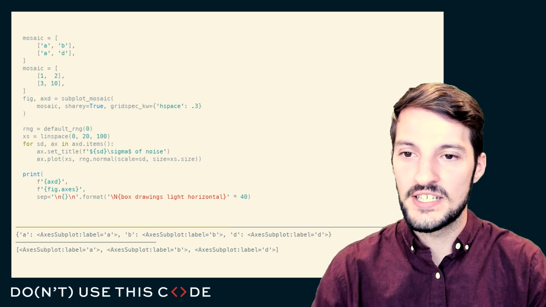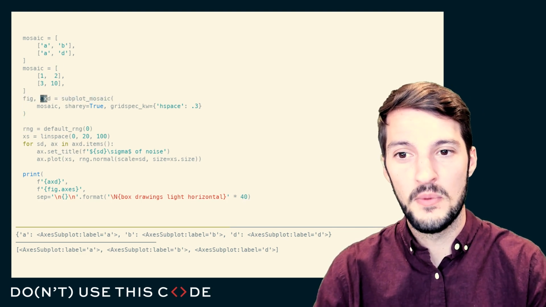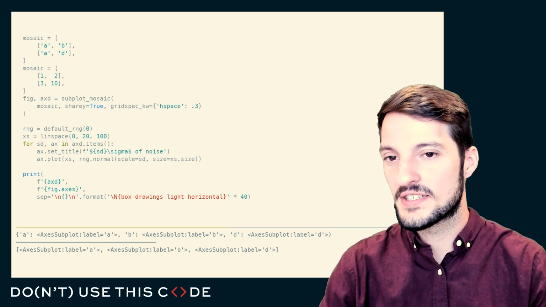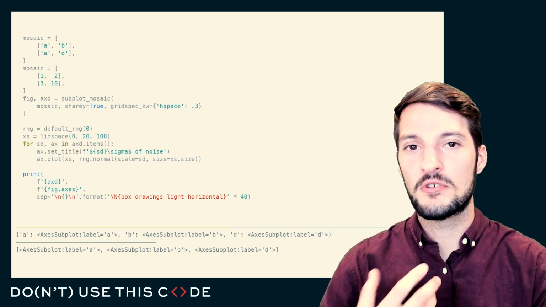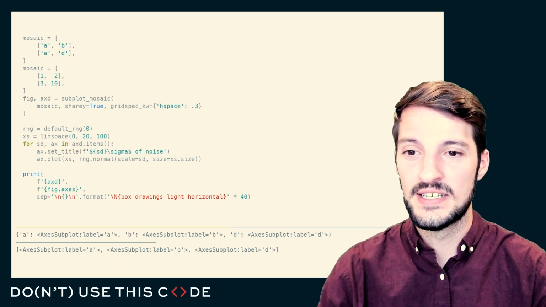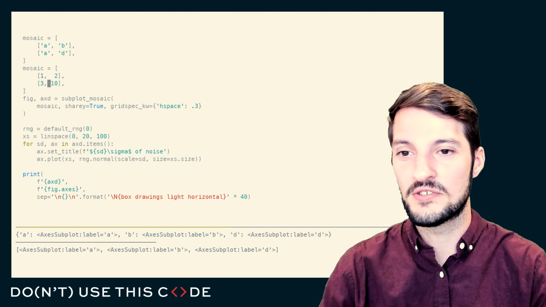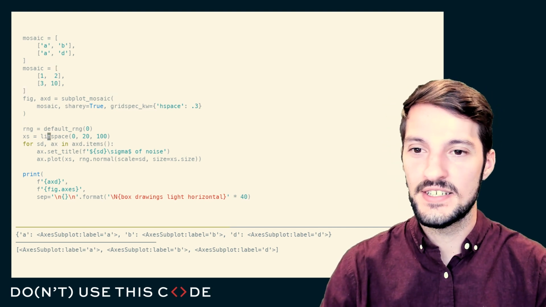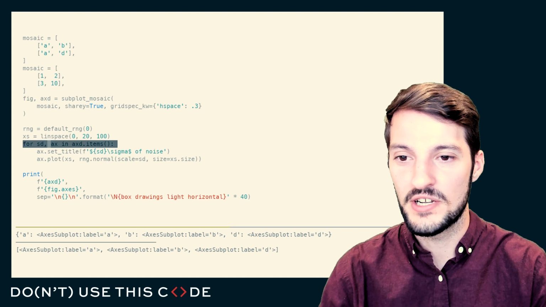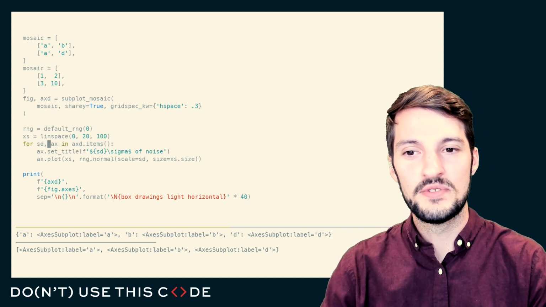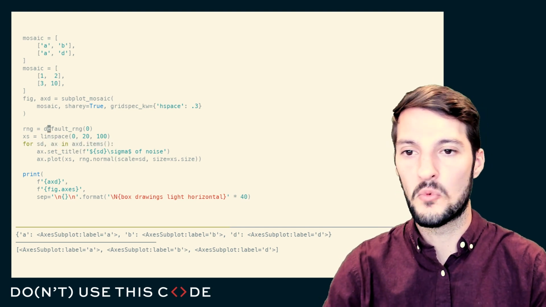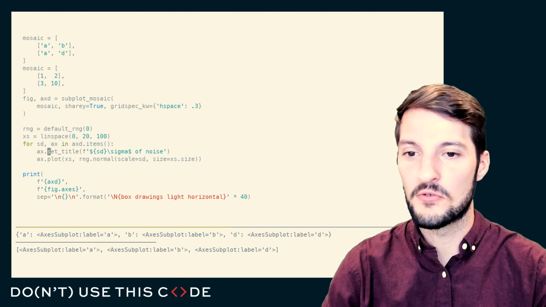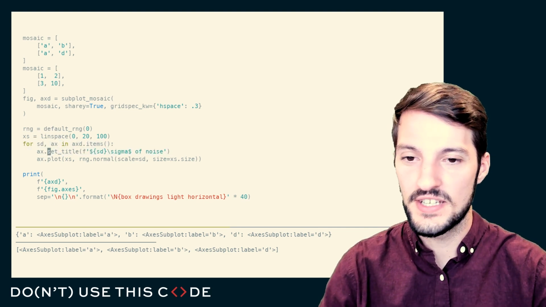What's returned here by subplot Mosaic is the figure object itself, but also a dictionary of axes. Whereas subplots, not Mosaic, returned an ndarray of axes. The dictionary is very convenient because it allows you to tie data or labels into your axes, allowing you to perform very convenient operations. So in this example, I'm saying that my mosaic of 1, 3, 2, and 10 are actually coefficients or multipliers of standard deviations, I should say.